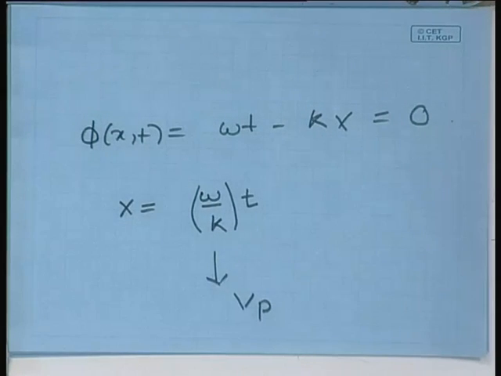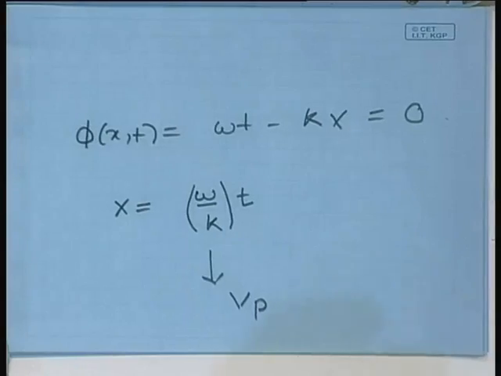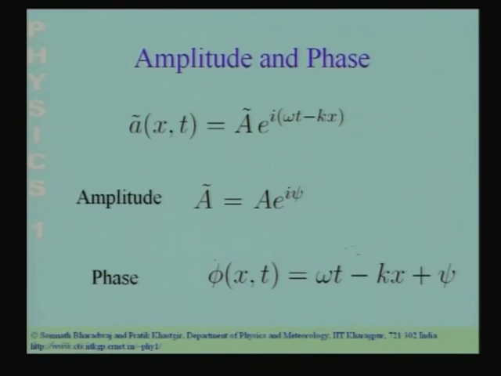So, the phase velocity is the speed at which the phase of the sinusoidal plane wave propagates. Remember that the phase had been defined in this fashion: phi of x, t is omega t minus kx, and I could have a constant psi. So, if I look at the speed at which a fixed value of phi propagates, this speed is called the phase velocity.